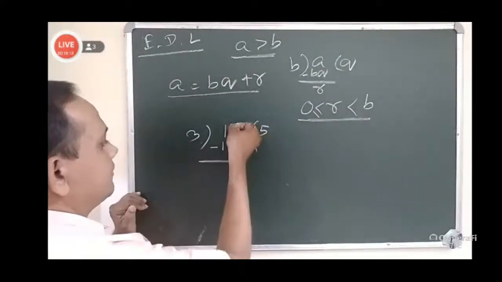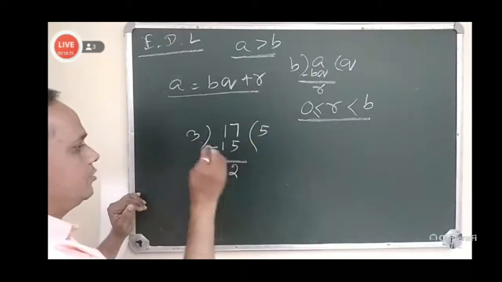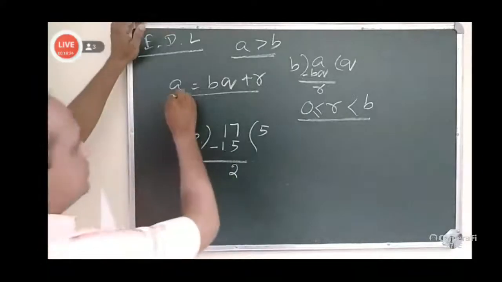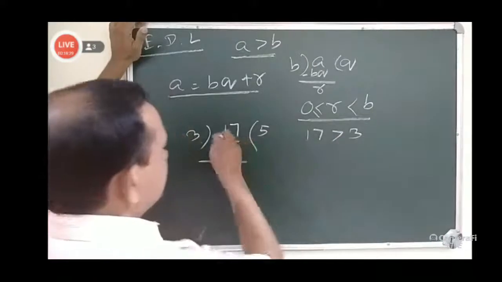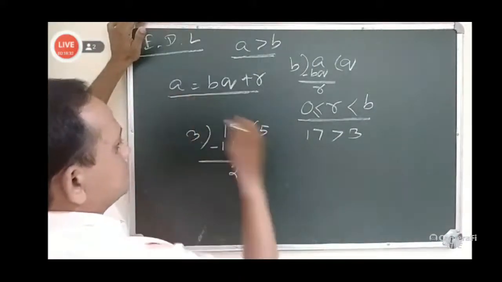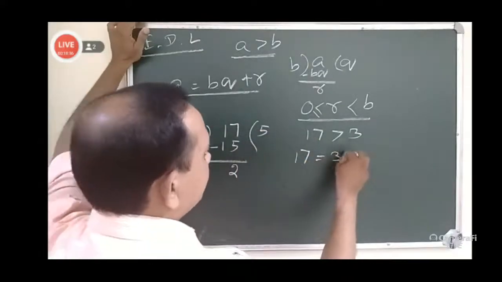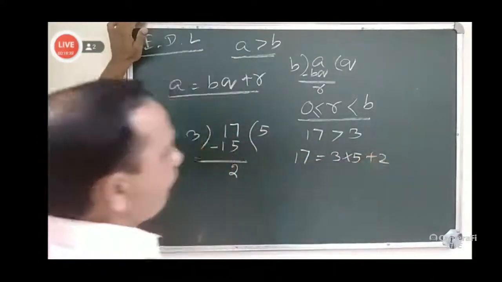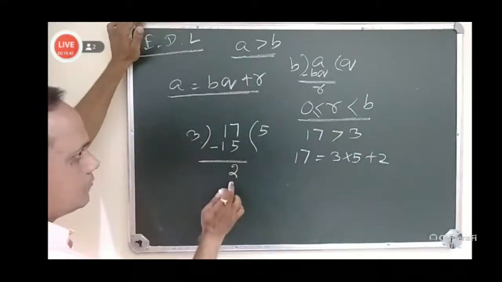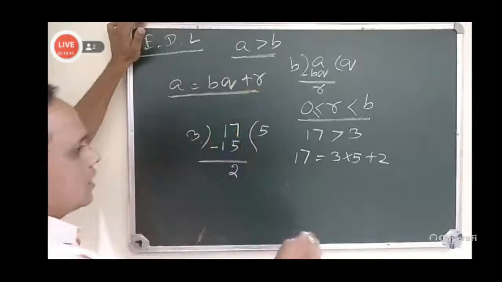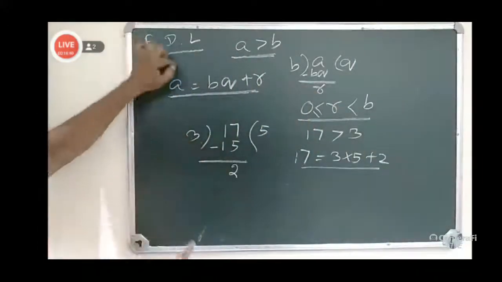When you subtract 15 from 17, the remainder is 2. Since 17 is greater than 3, 17 equals 3 into 5 plus 2, according to A equals BQ plus R. This is the Euclid division lemma.